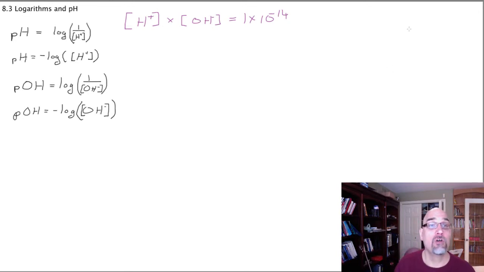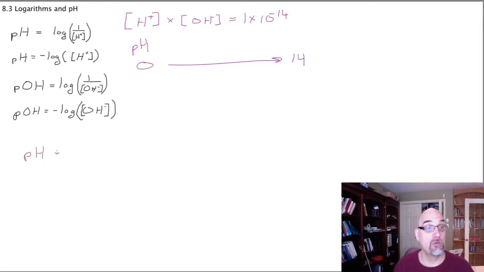Now, remember our pH scale goes from 0 to 14. Now, a pH of 0 corresponds to, we get a pH of 0 when our molar concentration of H is equal to 1 mole per liter. Okay?